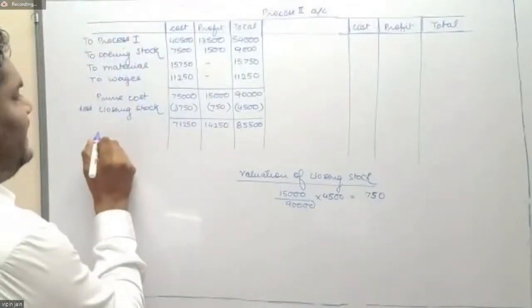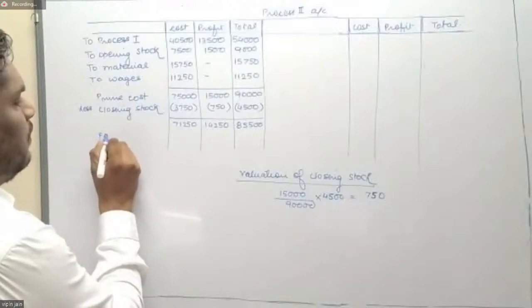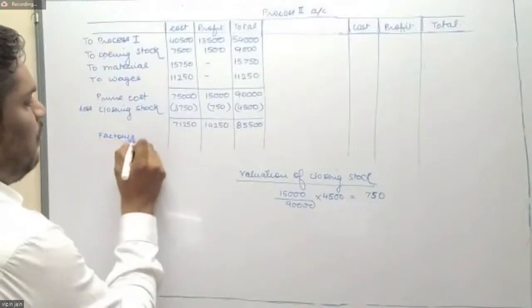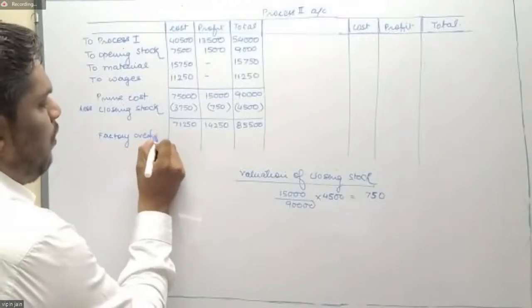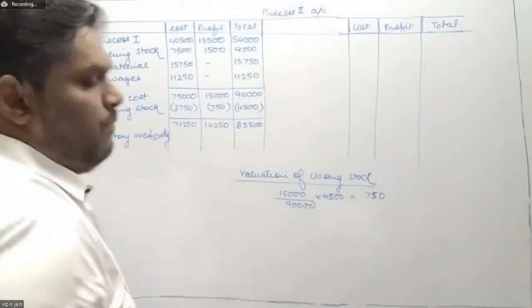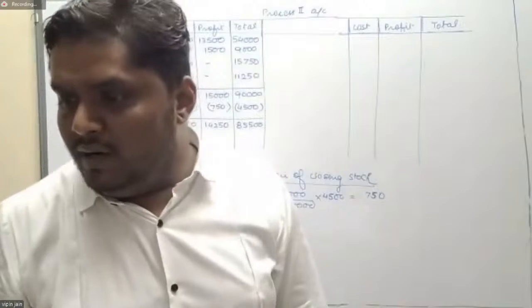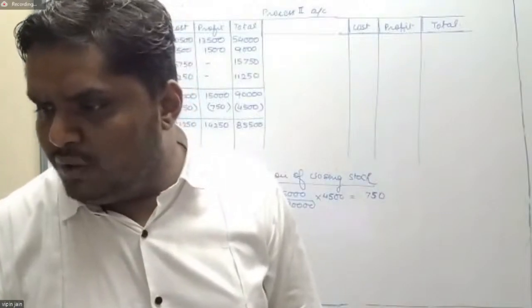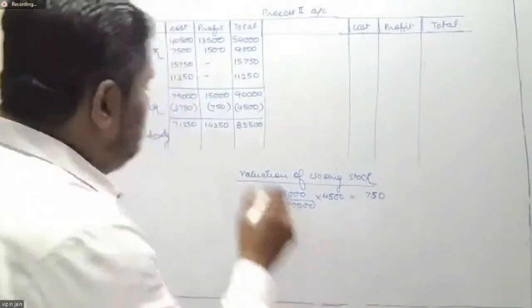Now we'll add factory overheads in it. Factory overheads are given in the question, that is 4,500 in total.